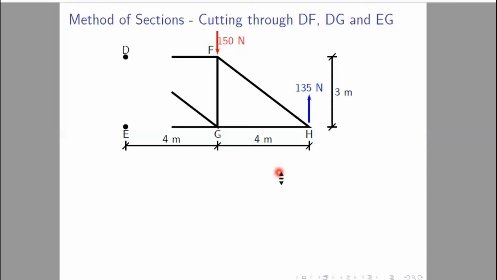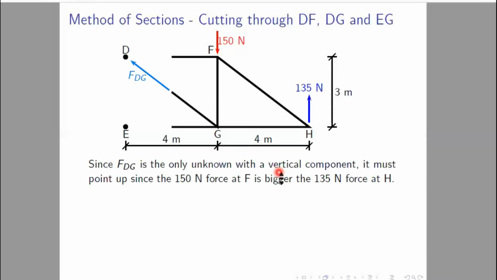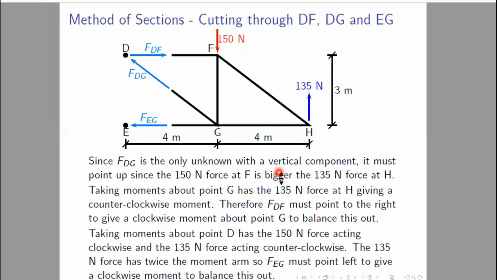Now for this problem, if we take the right hand side, then also there will be three unknown member forces. And we can easily solve for these three unknown member forces using equilibrium equations: sum of vertical forces equals to 0, sum of horizontal forces equals to 0, and sum of moment equals to 0.